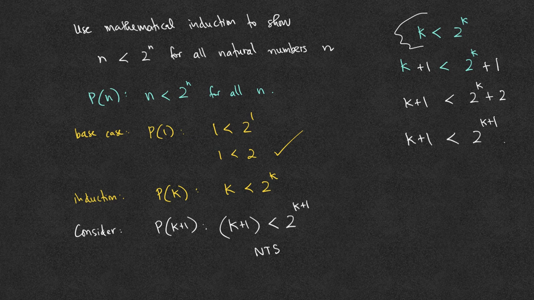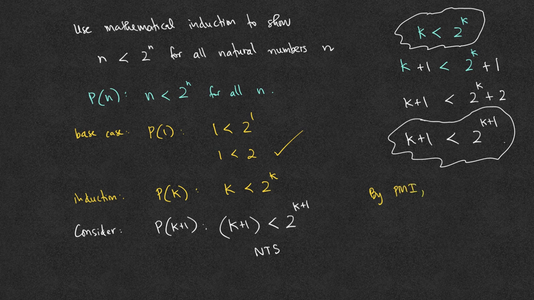Using what we assume about the case n equals k, we show that it is true for the case n equals k plus 1. So by the principle of mathematical induction, the statement 2 to the n is greater than n is true for all natural numbers n.